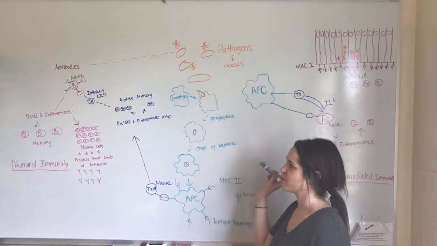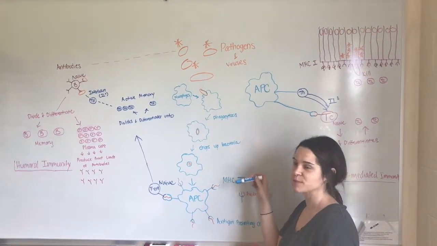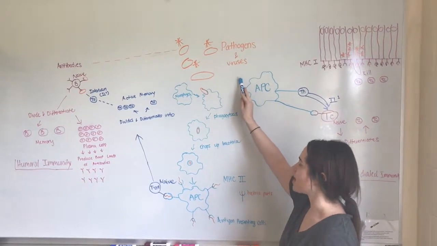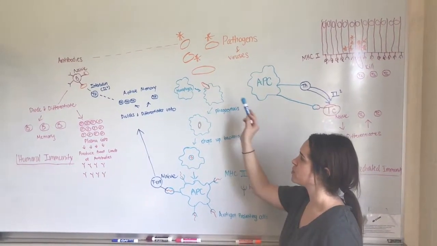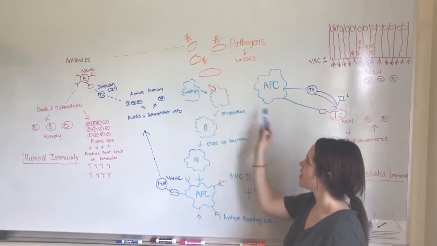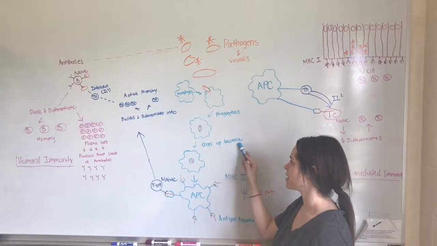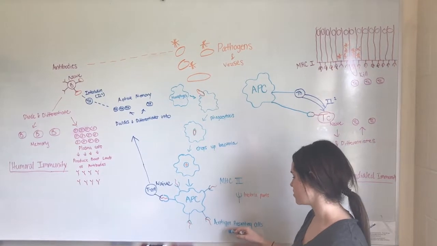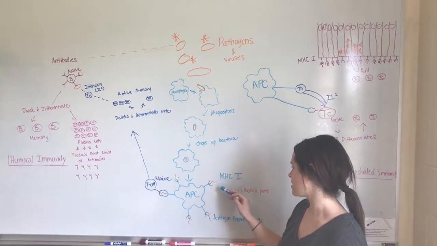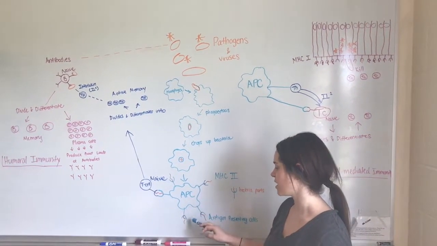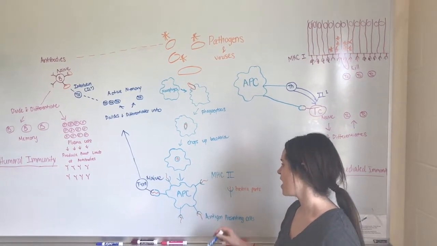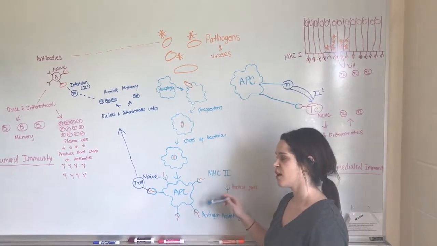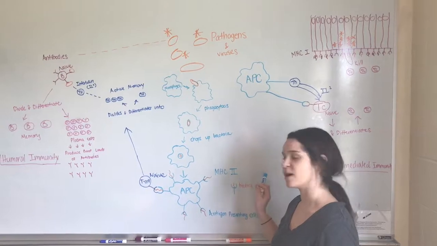So here's a general overview of the immune system response. We start with pathogens and viruses, which are eaten by macrophages, and then are chopped up into pieces, and then presented outside of the antigen-presenting cells. You can see that the bacteria parts are outside of the antigen-presenting cells. And MHC2 are on the outside of immune system cells.